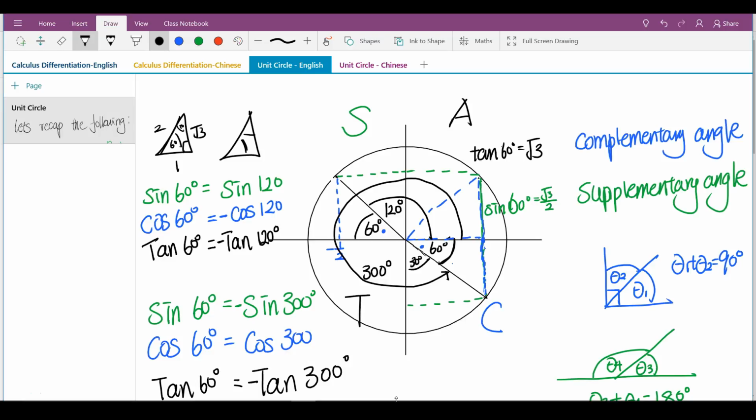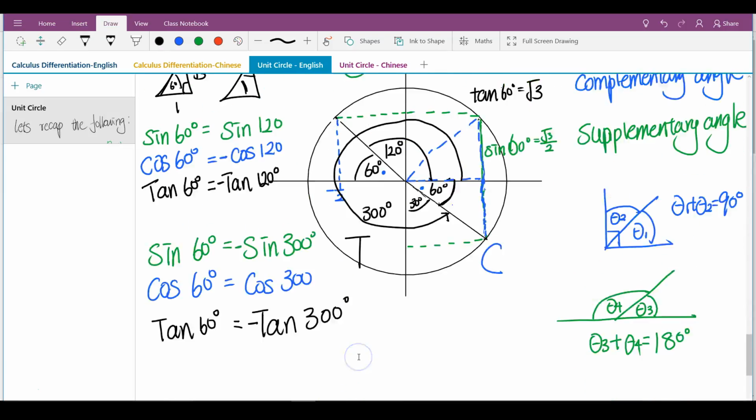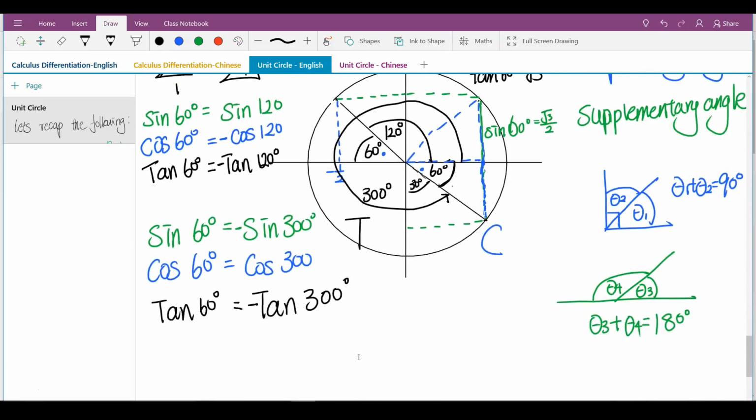Because in the first quadrant, both sine and cosine are positive, so positive over positive gives you positive. In the third quadrant, both sine and cosine are negative, so negative over negative gives you positive. All right. And that's pretty much about it.